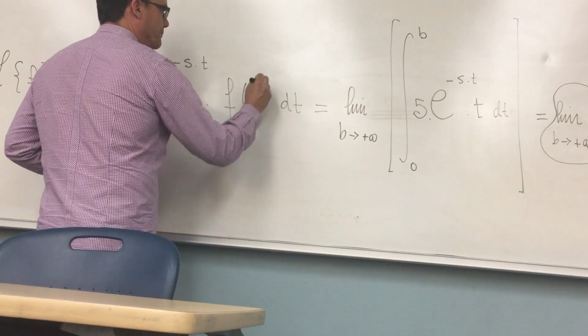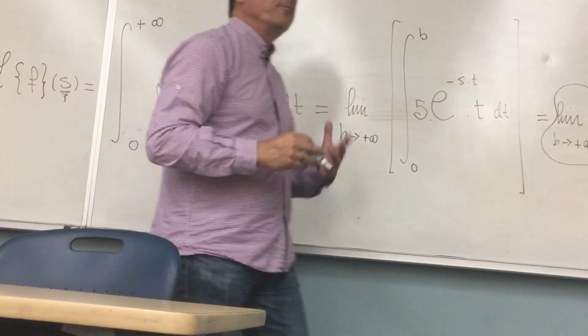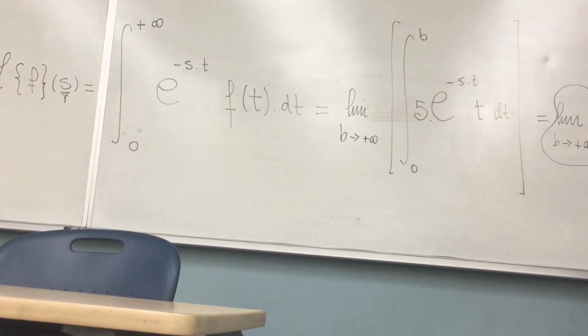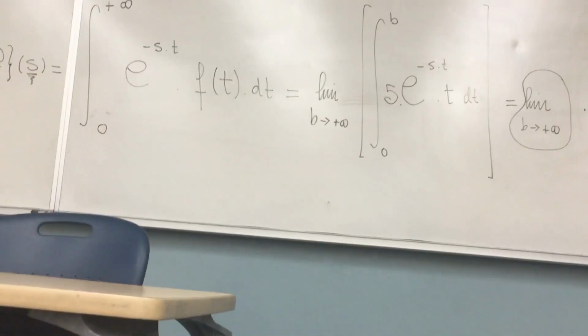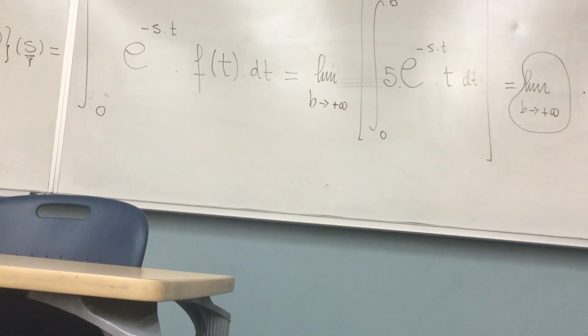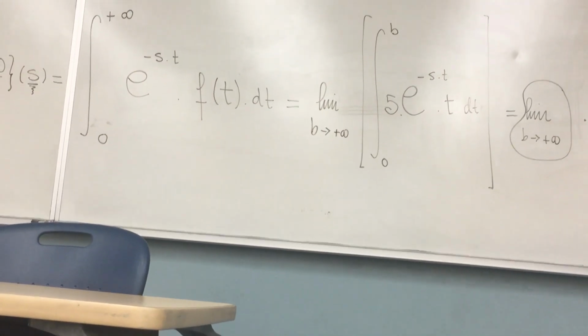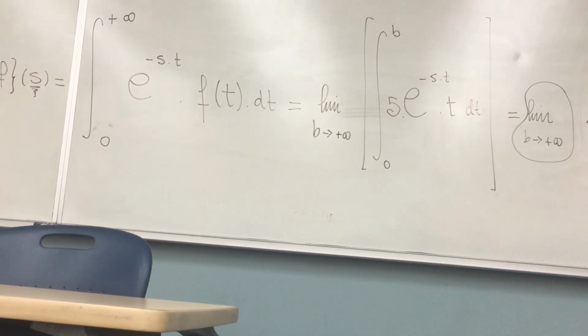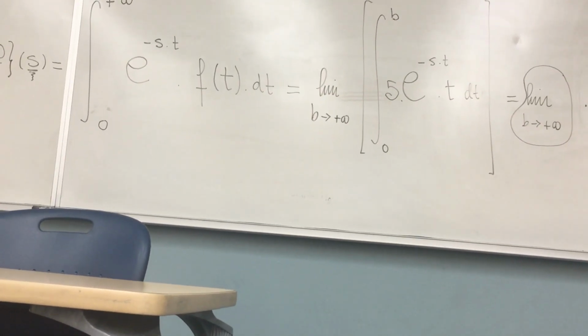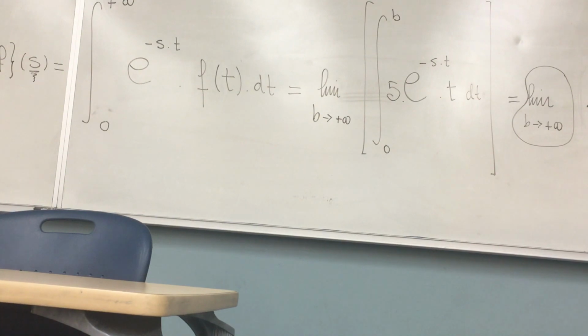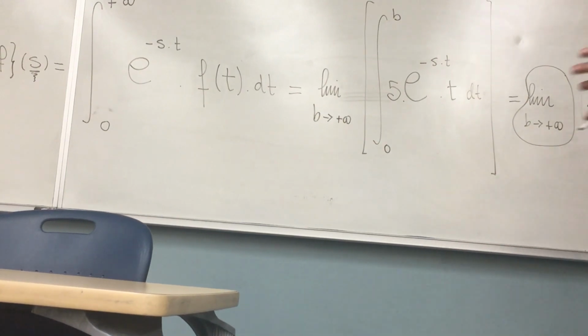And like we said, some improper integrals converge, some of them diverge. So according to that, there will be some functions f of t for which the Laplace transform exists, converges, and some other ones for which it doesn't. I gave you an example up there, e to the t squared, for which the Laplace transform doesn't exist.